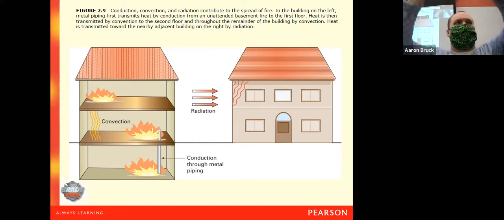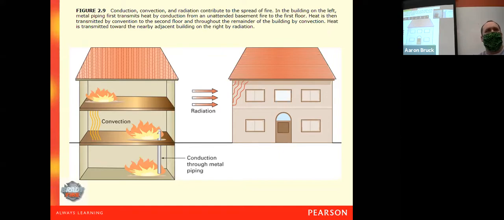We start to get those convection currents occurring. And if the fire is continuing to rage on the floor, those convection currents continue, and eventually enough heat is generated that the ceiling catches on fire as well and can spread up to the next floor and to the next floor and to the next floor.